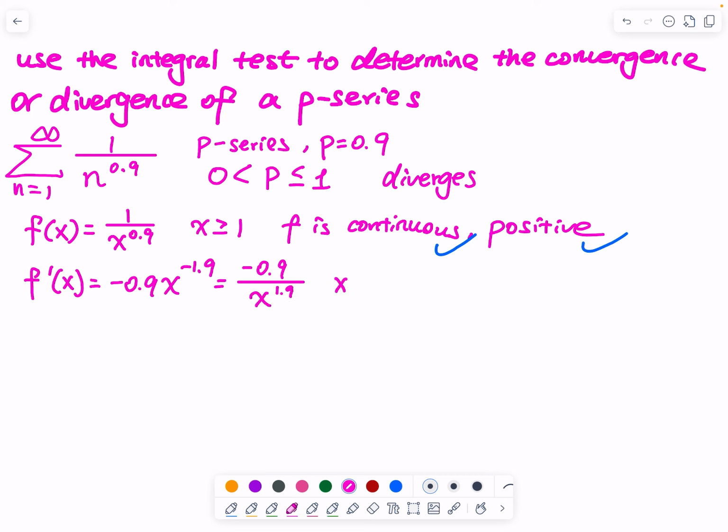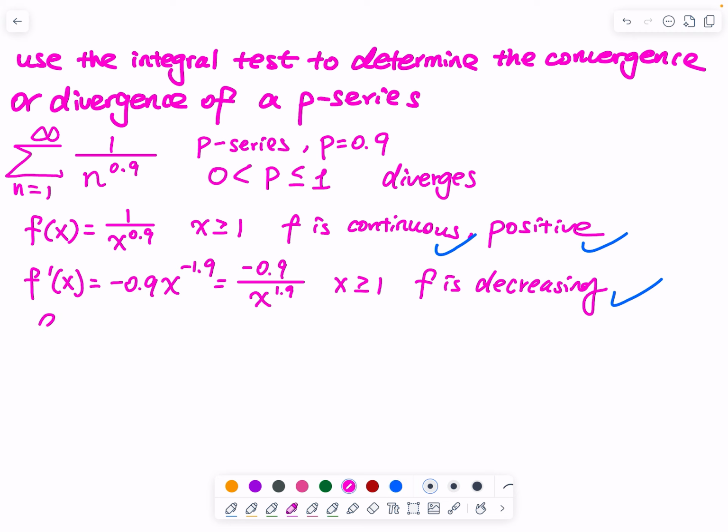For x greater than or equal to 1, you have a positive denominator, so a negative divided by a positive shows f is decreasing. Okay, continuous, positive, and decreasing. Now we can use the integral test.